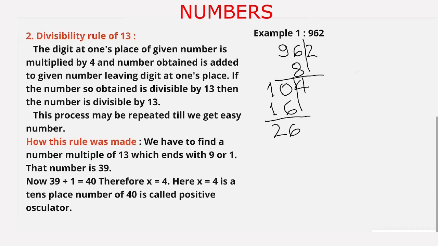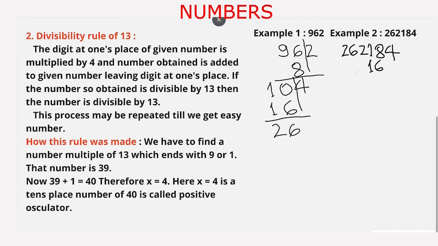Now we go to the next example. The second example, we have to find the divisibility of the number 262184 by 13. The last digit of this number is 4. So we multiply 4 to this number 4, that gives us 16.